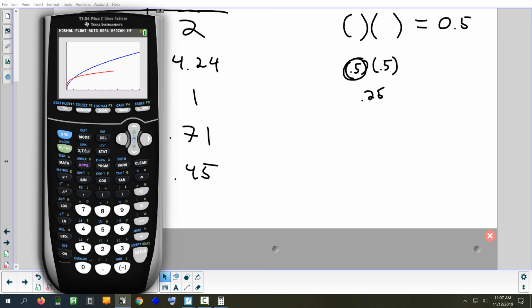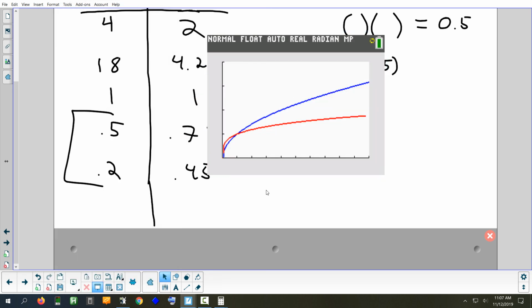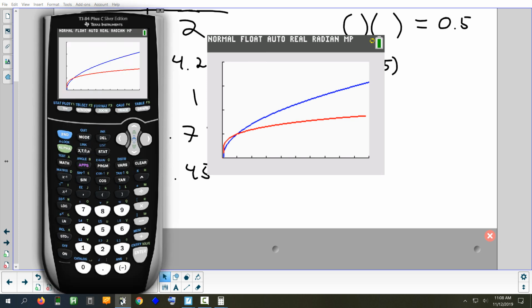Does anybody notice anything about those two? Any patterns at all? Yeah? Both going to the right and kind of leveling off. Okay, they both only go to the right. If you notice when I was zoomed out, there was nothing in quadrants 2, 3, or 4.